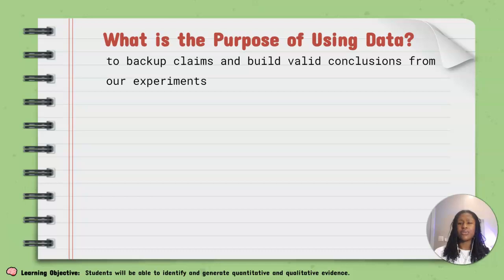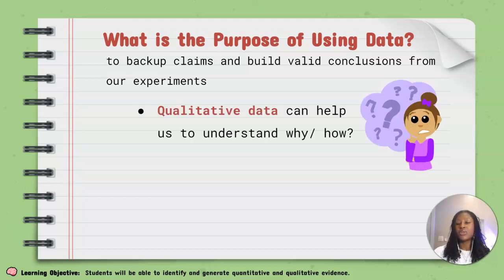So first off, what is evidence? Well, evidence is another word for data, and the reason why we use data in science class is to back up our claims and build valid conclusions from our experiments. So there's two main types we're going to get into today: qualitative data and quantitative data.